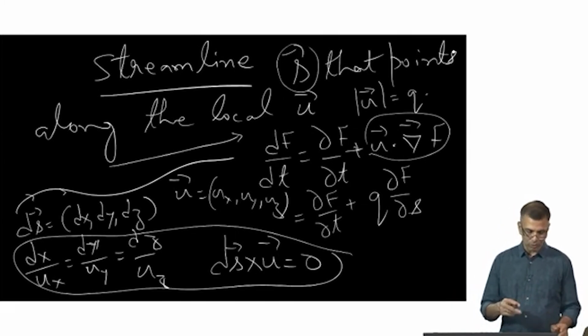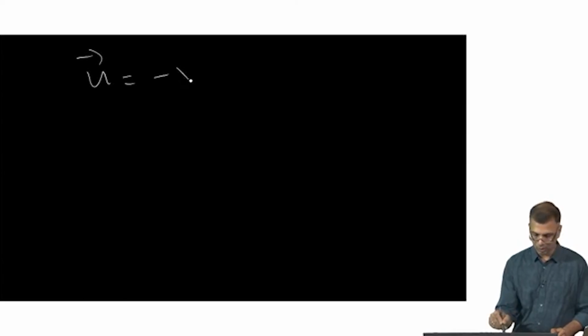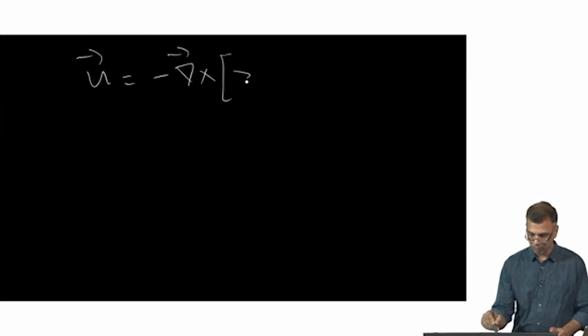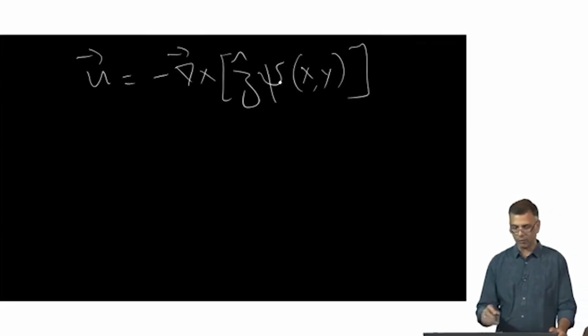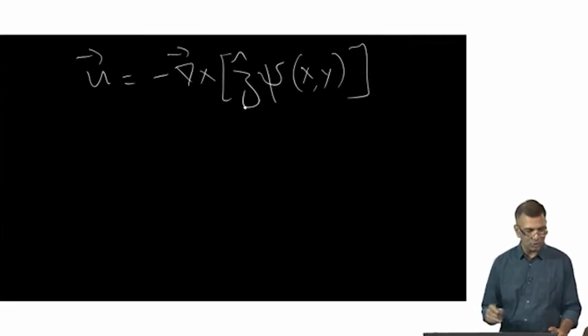And we also introduced something called a stream function. The negative is a matter of definition. So the stream function is a scalar function psi, and this is how it's defined.